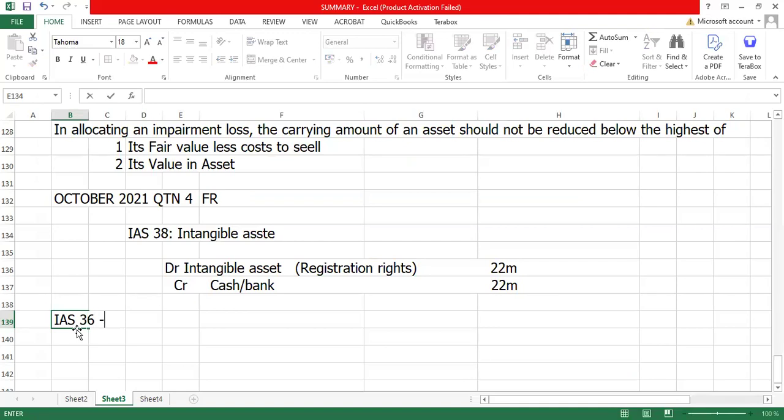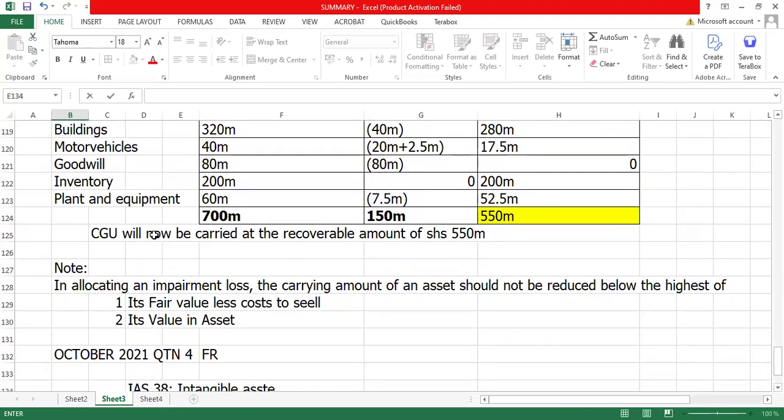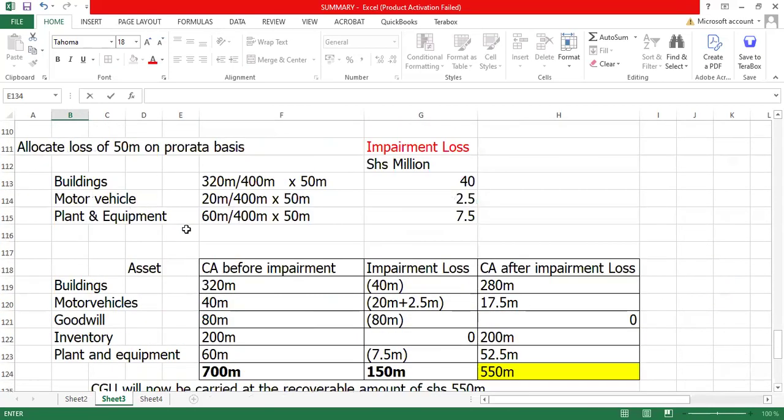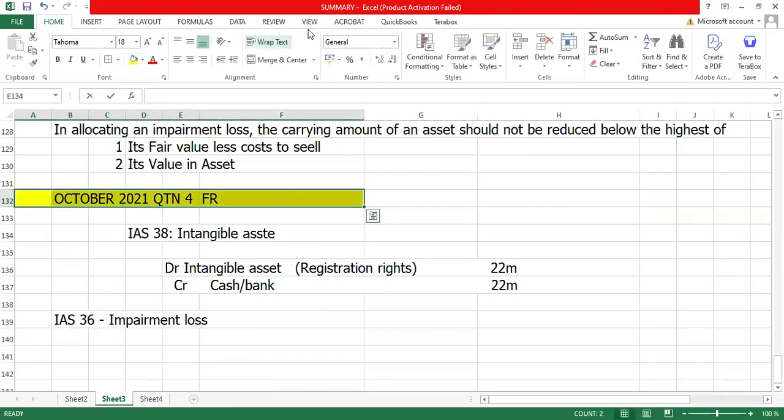The IAS 36, that is impairment loss, which requires us to compare the carrying value with the recoverable amount. But is it possible, do we know the recoverable amount? Is it possible to get the recoverable amount from this question? Do we know the recoverable amount when you check the question?